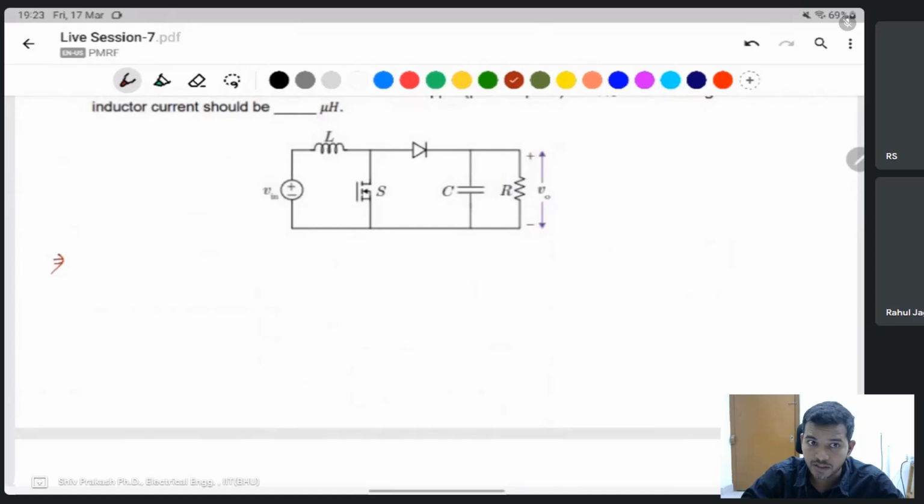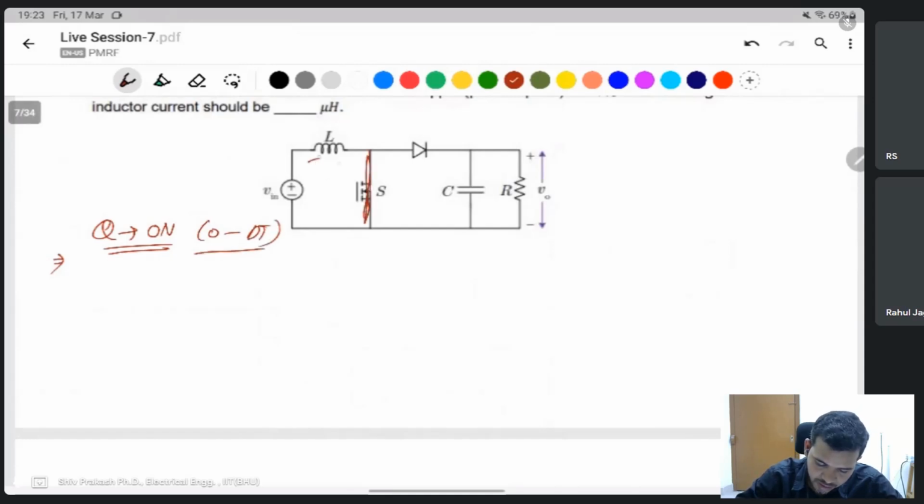You can analyze the converter in on time and off time. If the switch is on, it means 0 to DT time period. Then this voltage VL is the same as V in, VL is equal to V in, and current flows like that.